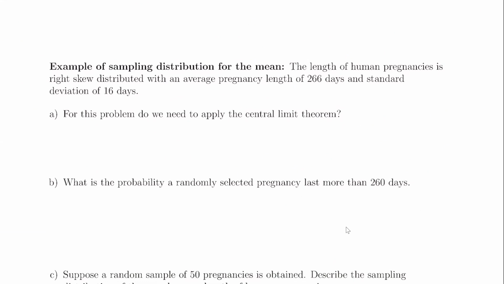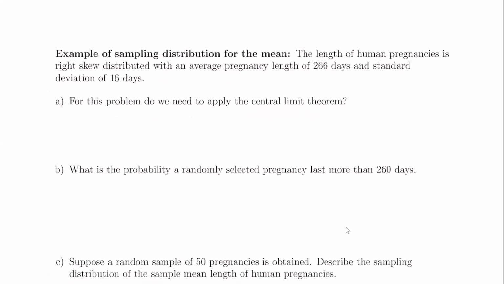So for the next problem, it says the length of a human pregnancy is right-skewed distributed with an average pregnancy length of 266 days and a standard deviation of 16 days. So right here, they give me three things. The first thing they give me is the average: the average length of a pregnancy is 266 days.